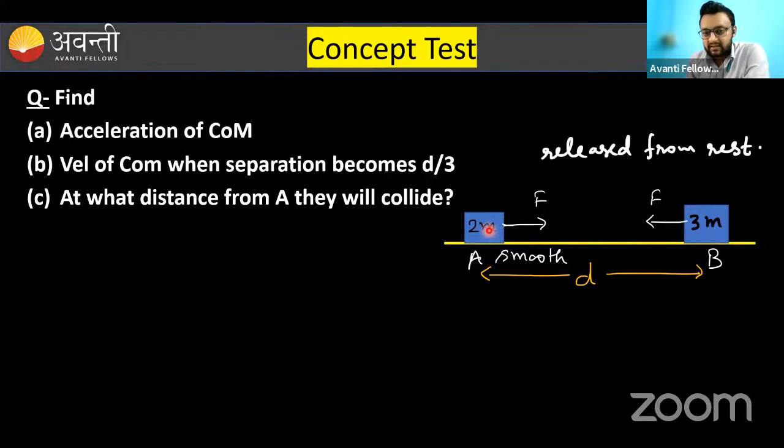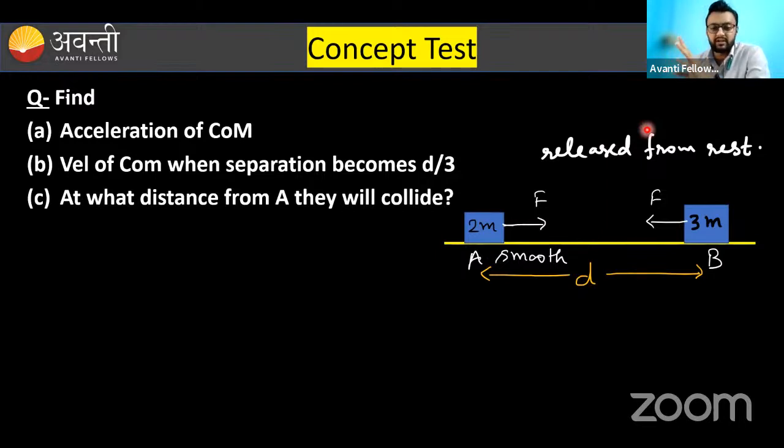And there must be a gravitational force between them. So due to the gravitational force, they are attracted towards each other. Initially they were at a separation small d and they were released from rest. So this is the situation.